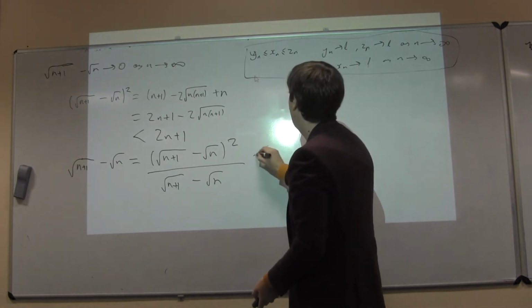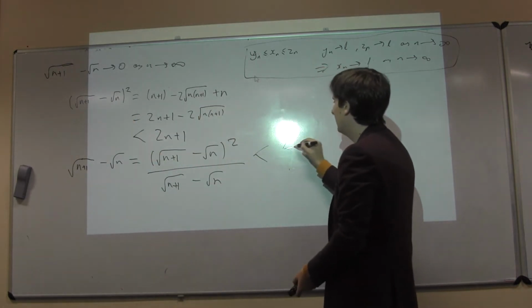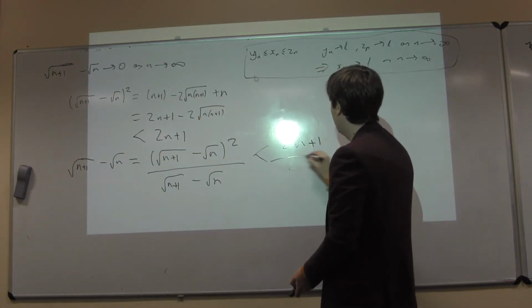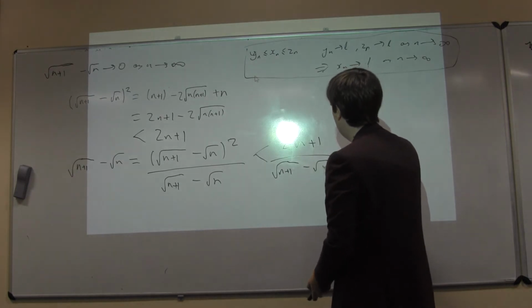I'm sure there are other ways you could do this. So we've already proved that this squared is less than 2n plus 1. So this is less than 2n plus 1 over root n plus 1 minus root n.